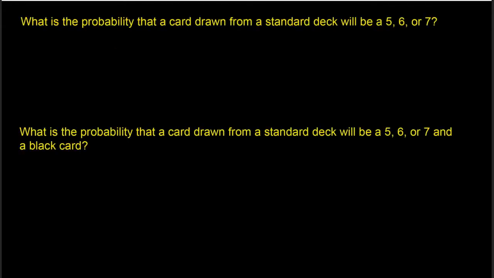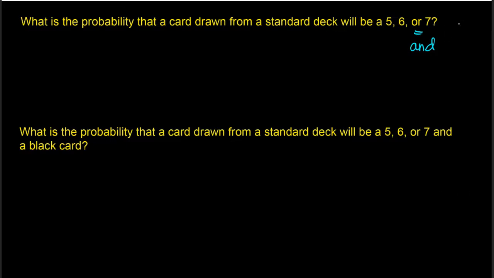Next example. What is the probability that a card drawn from a standard deck will be a 5, 6, or 7? Okay. So, let's not rush when we find the terms. When you see the word and, you're good, guys.